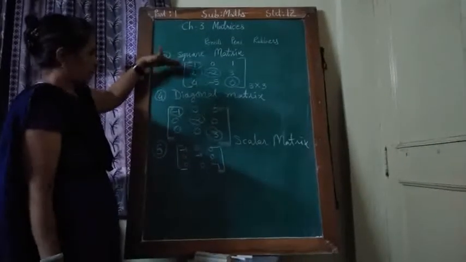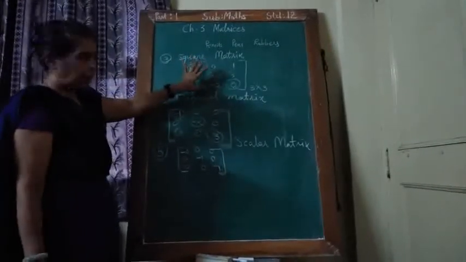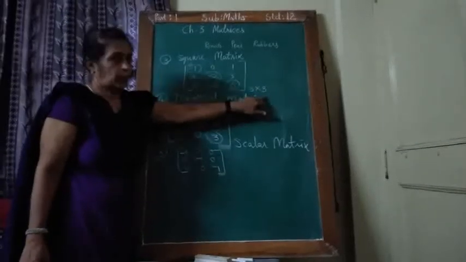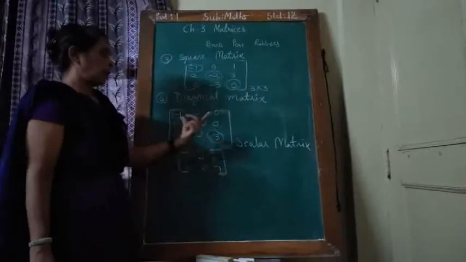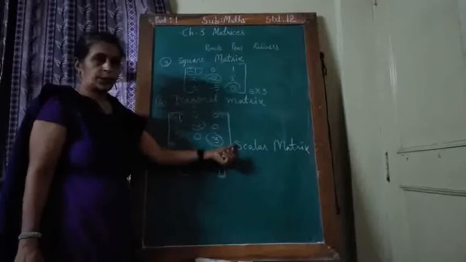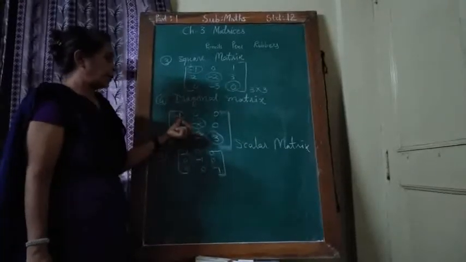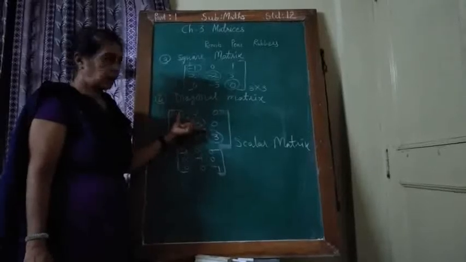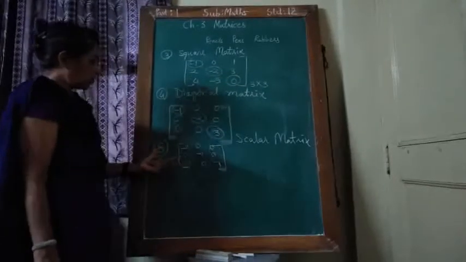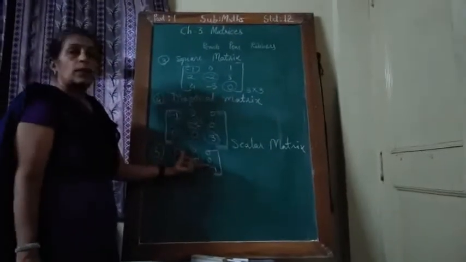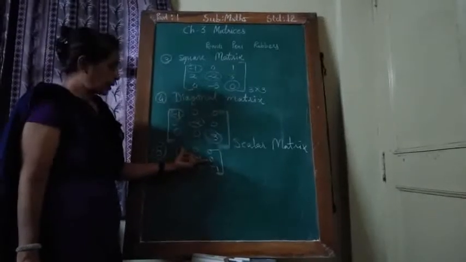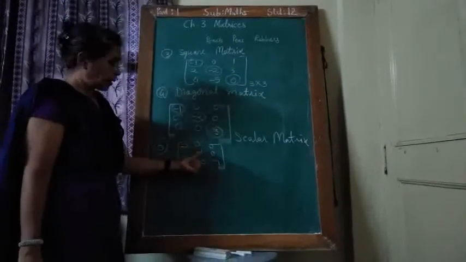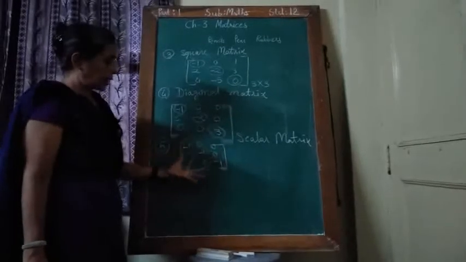So in a square matrix, all elements are different, but the order is the same: the number of rows and number of columns are the same. A diagonal matrix is also a square matrix, but the elements other than the principal diagonal are 0. In a scalar matrix, the elements of the principal diagonal are the same and other elements are 0.